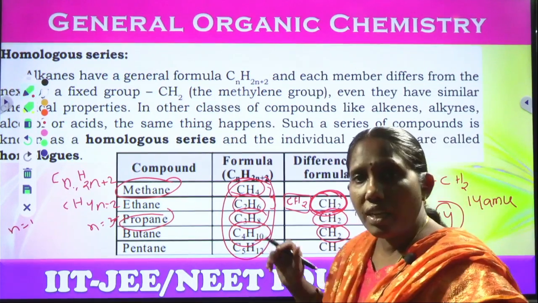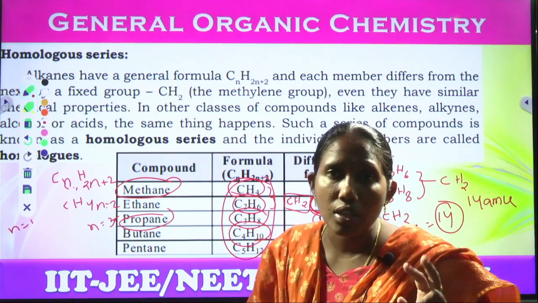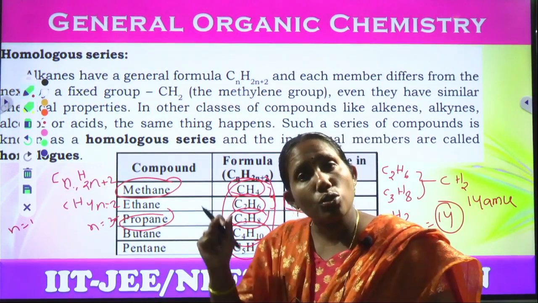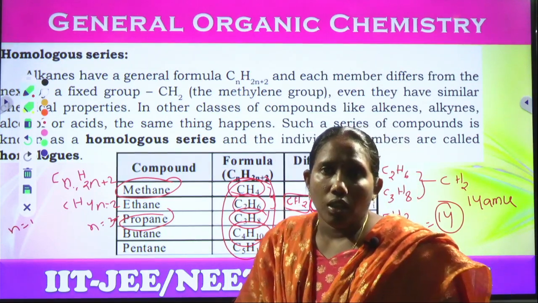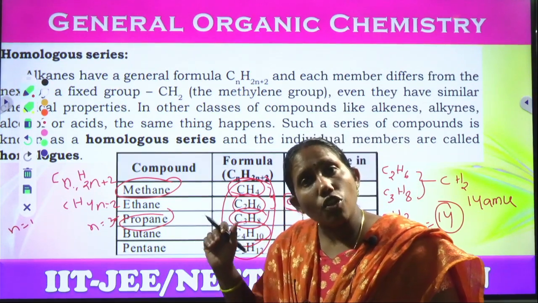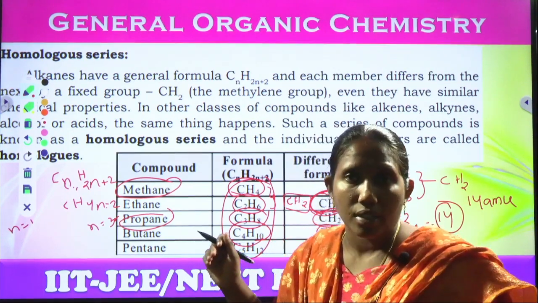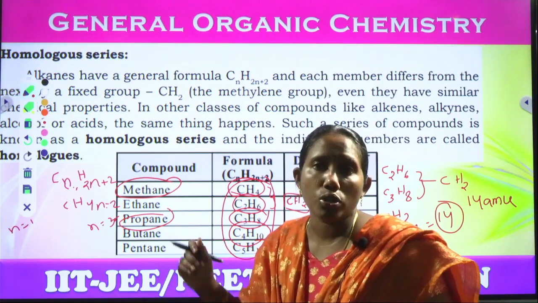If there is any difference between two molecular formulas and the molecular mass difference is 14, then those two are said to be homologues to each other.